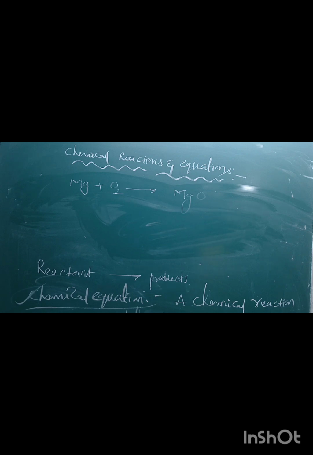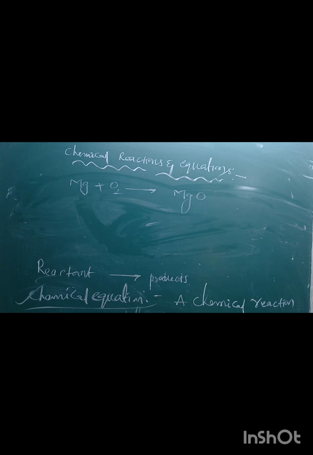We can recognize a chemical reaction by observing a change in state. Magnesium is a solid, and we may see a change in state, color, evolution of gas, or a change in temperature. The physical states of reactants and products are mentioned to make a chemical reaction more informative.